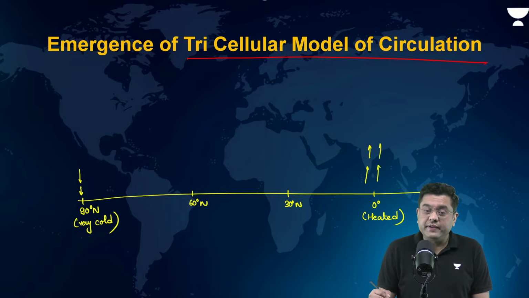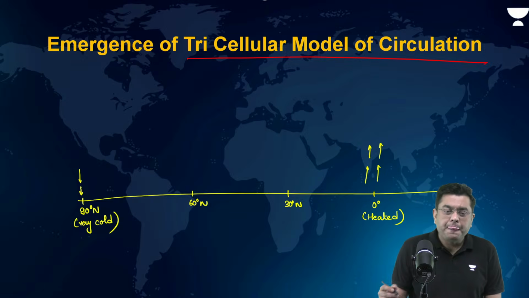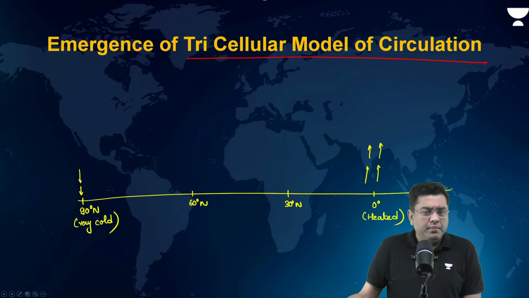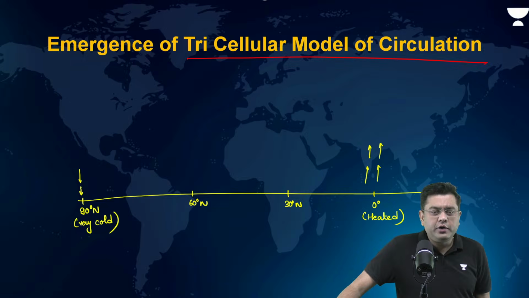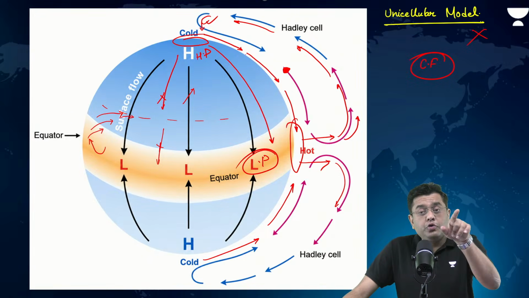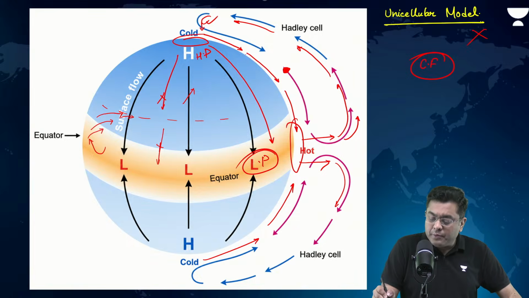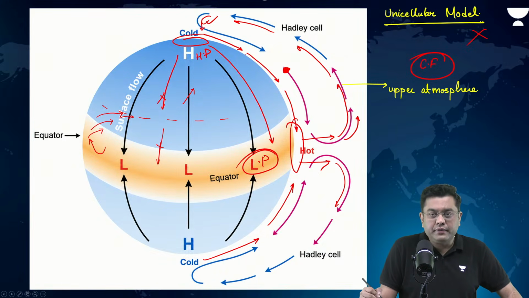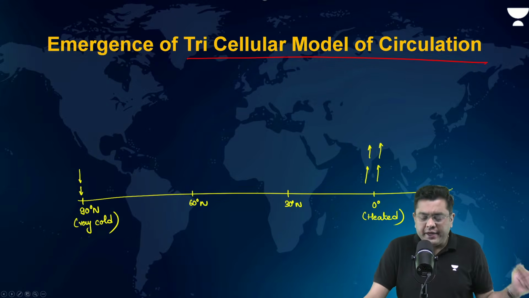Pole to equator, then how equator to the poles? This equator to the pole is through the upper atmosphere, at the region of the tropopause. This is not on the ground surface. But anyways, this was rejected. So concentrate on this model.